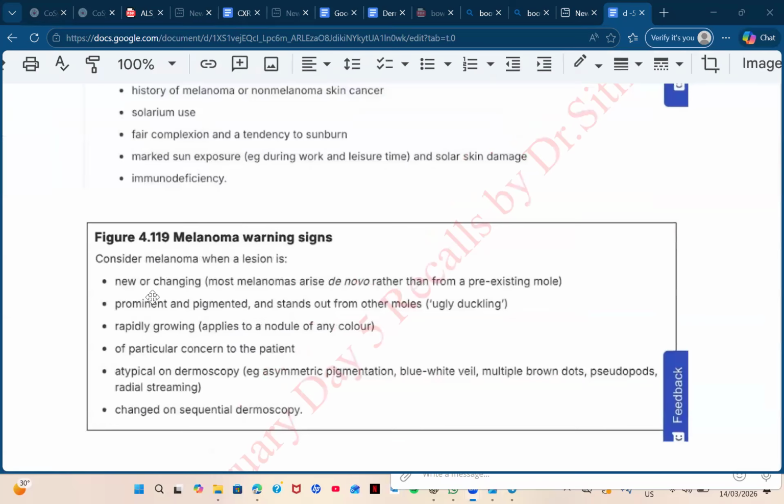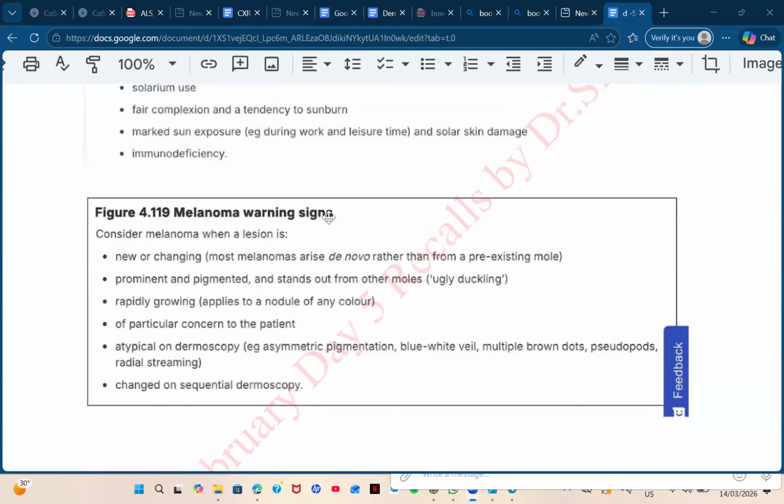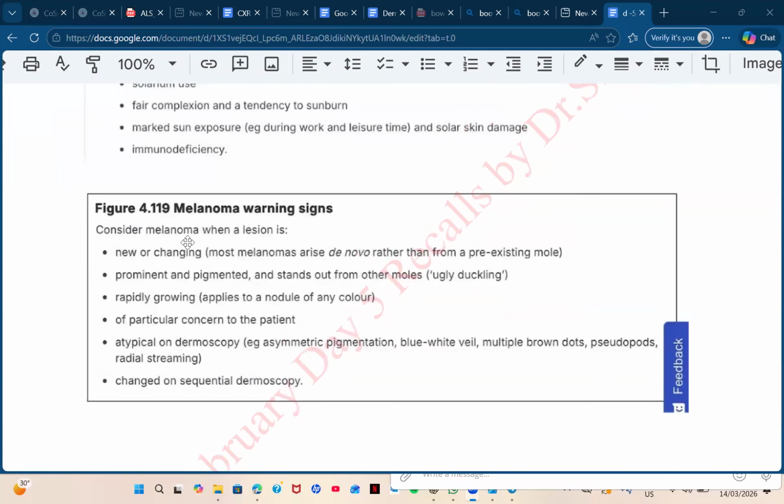If melanoma warning signs mean consider melanoma when the lesion is usually this, we can use this criteria when we decide on the treatment for lentigo melanoma. Why? Because lentigo melanoma is a melanoma in situ, right?